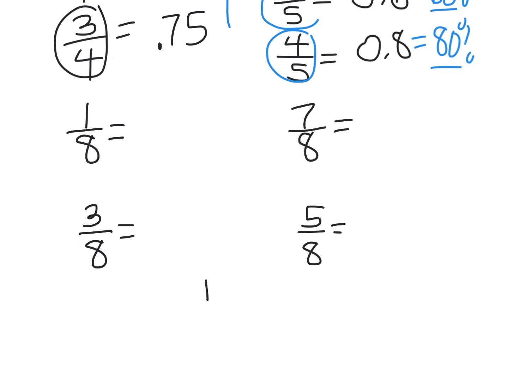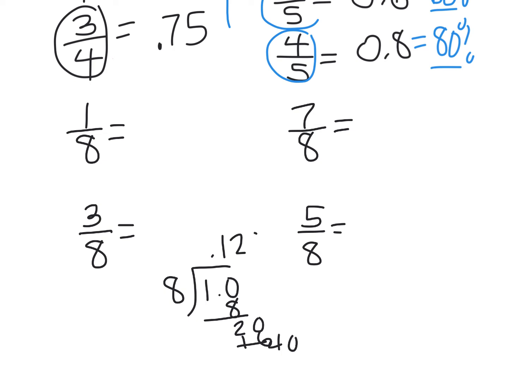So you could take 1 and divide it by 8, and you're going to have 1 times 8, that's 8, 2, bring down 20, 8 into 20 goes 2 times, 8 times 2 is 16, and then you're going to have 4, 40, 5 times 8 is 40, so it'd be 0.125.